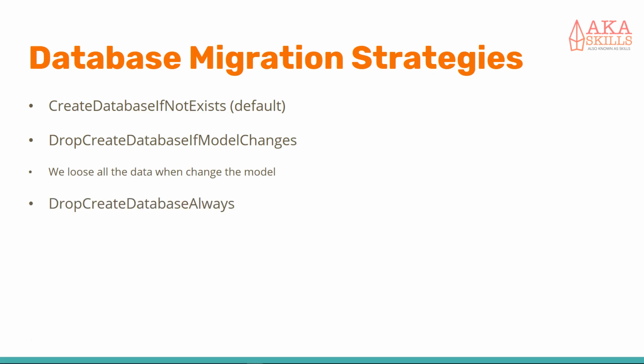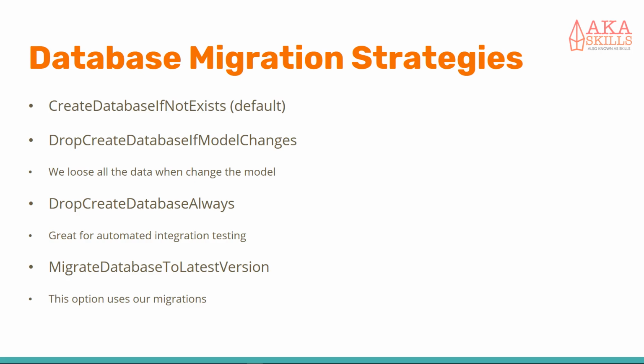We have DropCreateDatabaseAlways, which is great for automated integration testing because it will always recreate the database from zero. And also we have MigrateDatabaseToLatestVersion. Basically, this option uses our migrations.